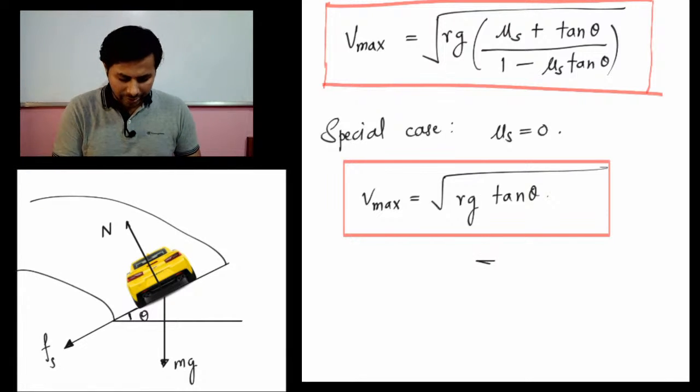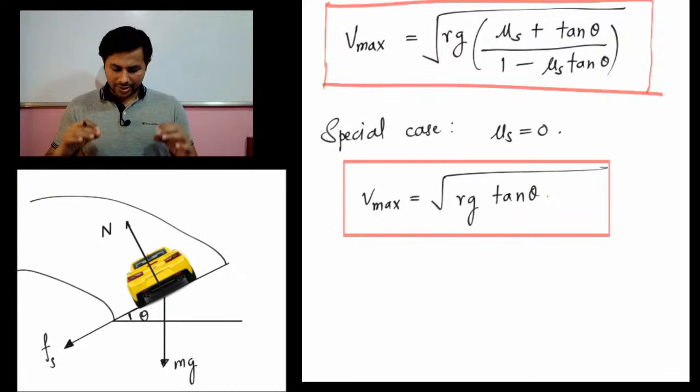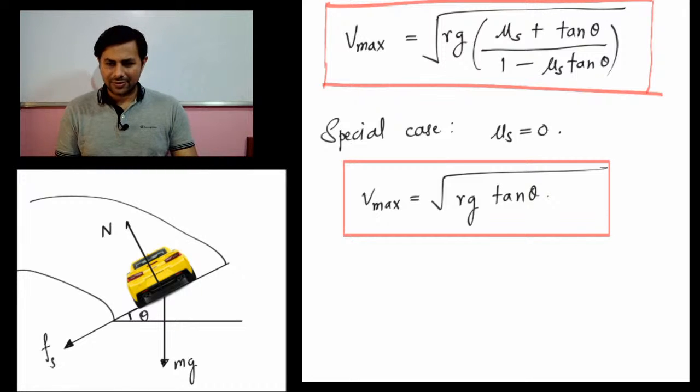Okay, this is the maximum speed, so this speed or below this speed. So this is the use of banking of a road, raising one edge of a road with respect to the other edge at some angle.